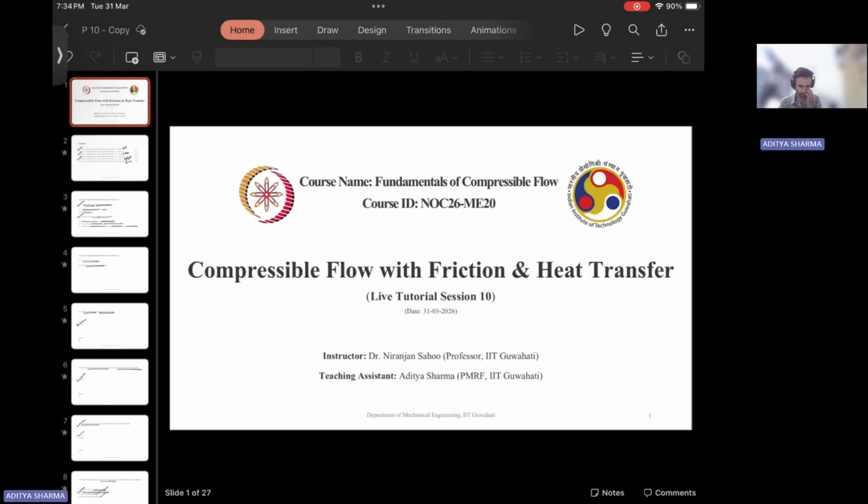In lecture number 23, we saw heat effects, heat addition in your compressible flow. Where we started with 1D flow with heat addition. Okay, with basics we started, and then 1D flow with heat addition.